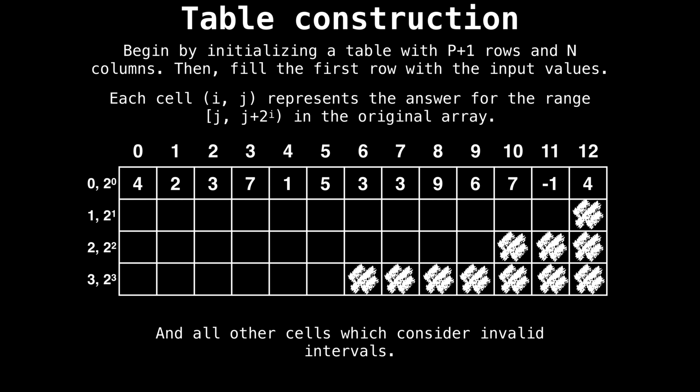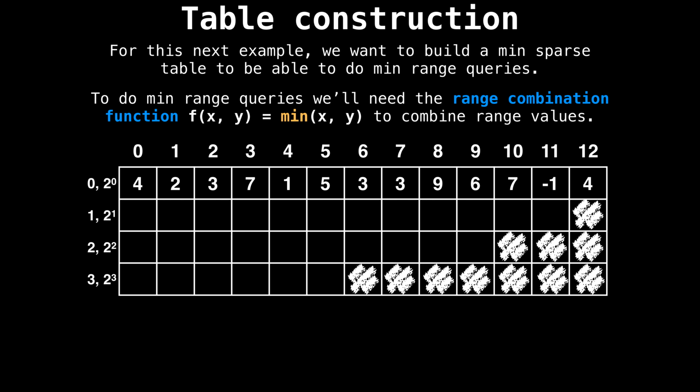Now that we understand what each cell represents, let's build a sparse table to support minimum range queries. To do min range queries, we will first need a range combination function to combine the cells together. For a min sparse table, the range combination function simply takes the minimum of the left and the right interval.